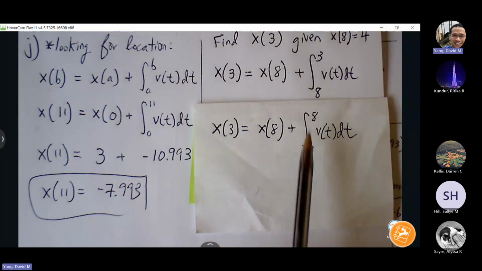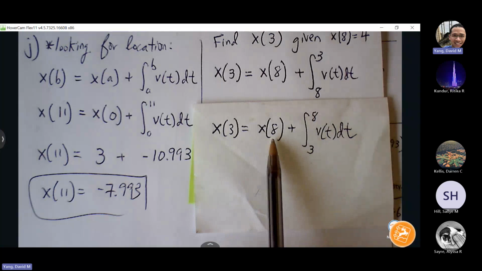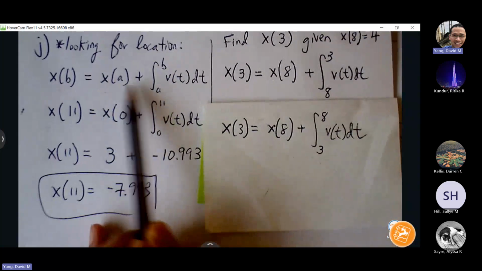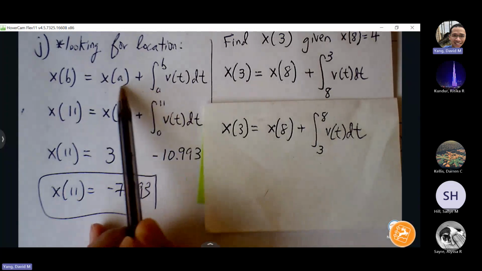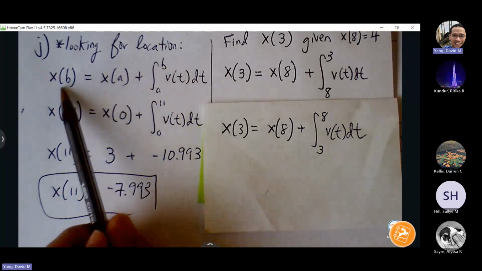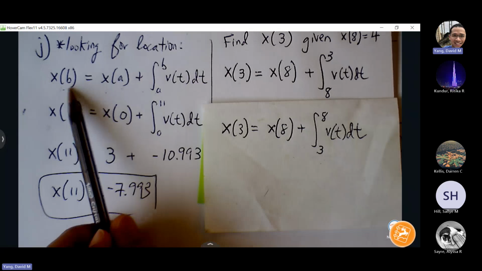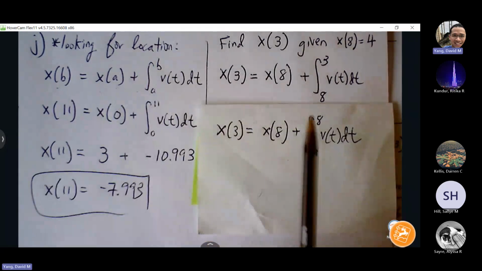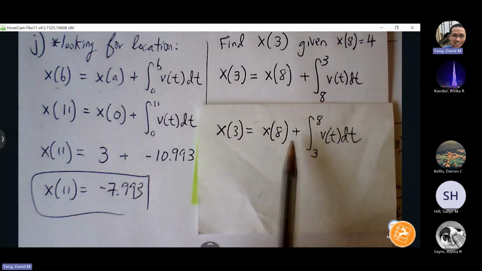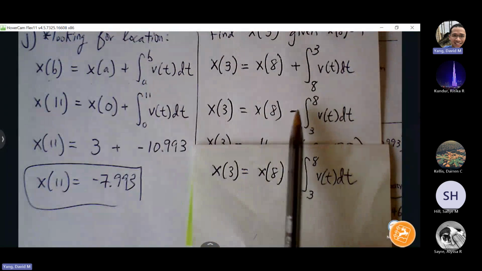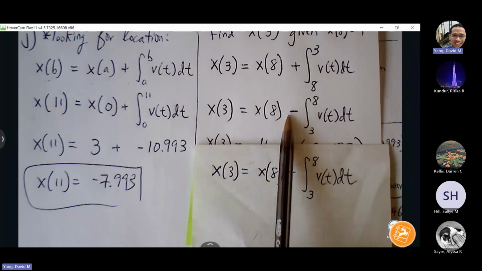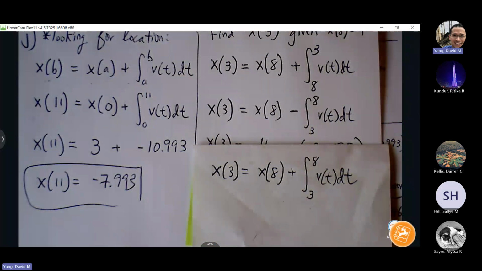Yeah, I know we're going from smaller to larger, but we have to follow what the formula says, right? The formula says the A needs to match with your initial, and your B needs to match with the final. And if you swap the bounds without taking that into account, then your sign is off. You can always make it the correct order, but then you have to make an adjustment with your signs. Does that make sense?